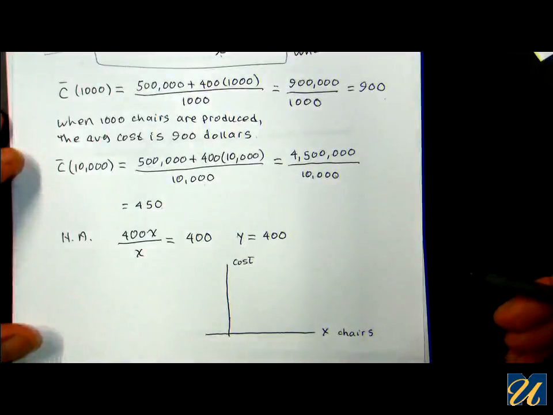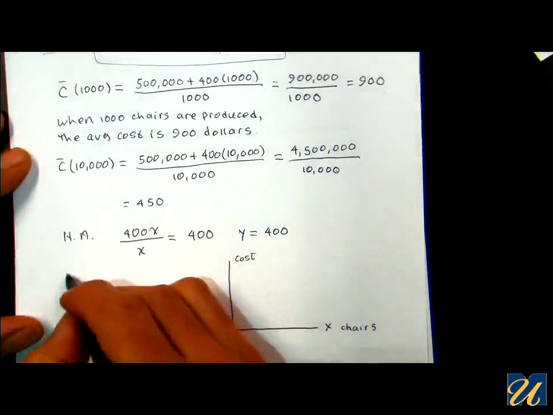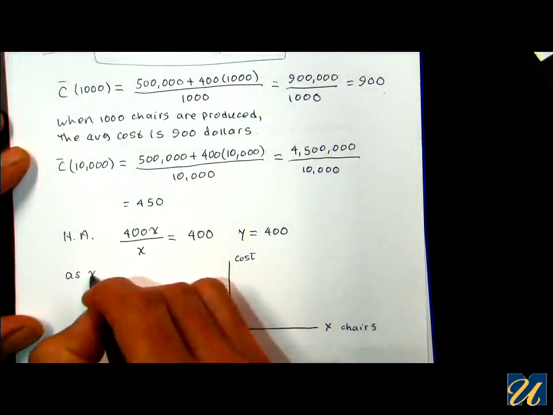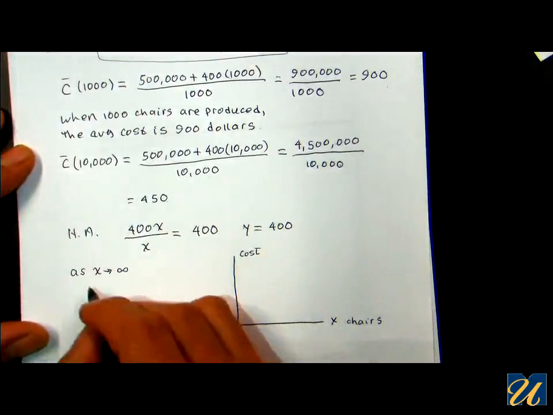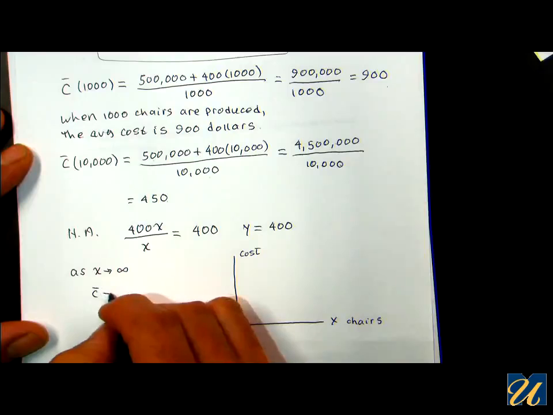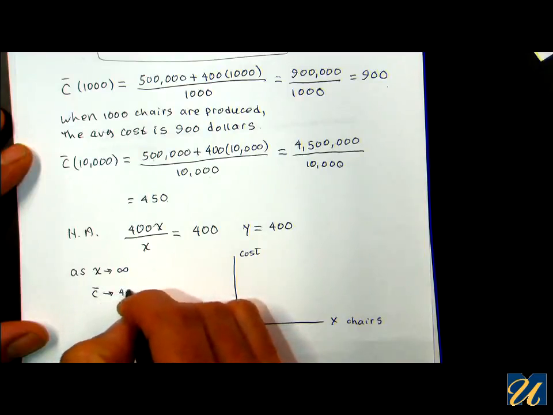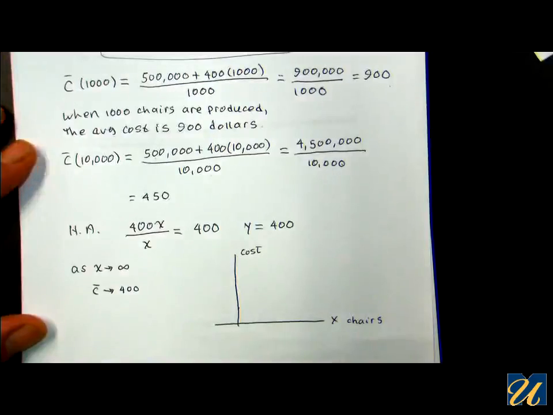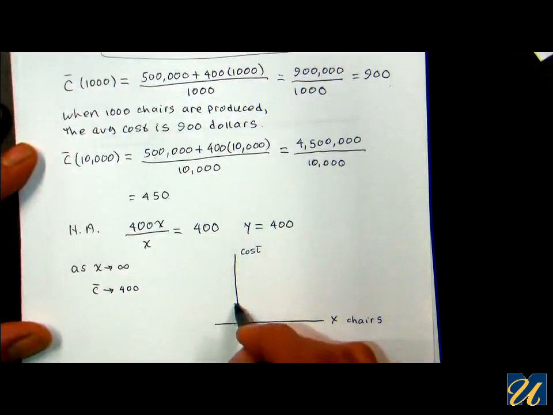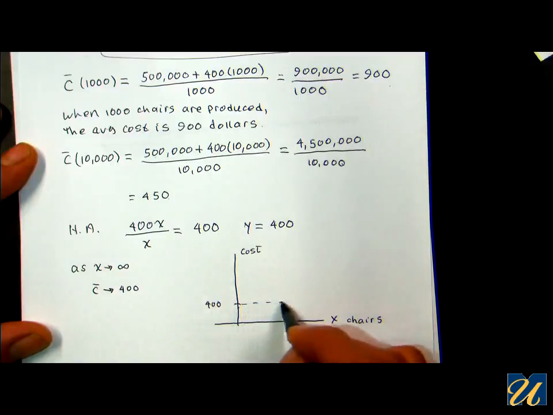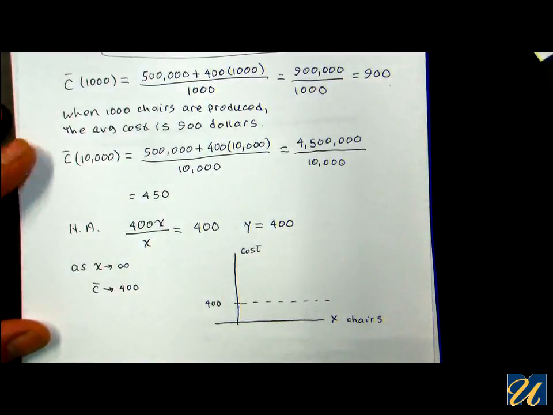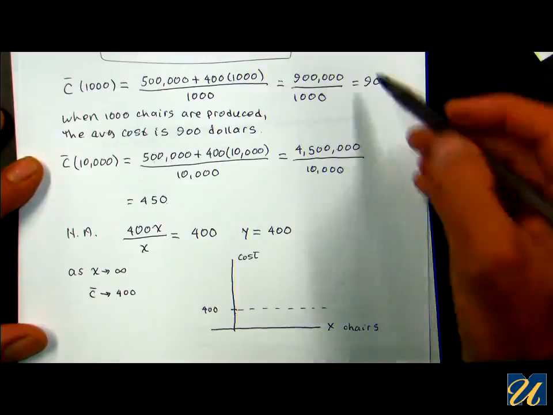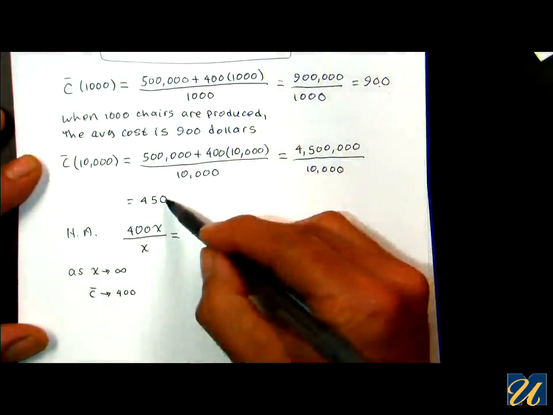This means as the number of wheelchairs produced becomes substantially large, the average cost approaches $400. That's your horizontal asymptote. And the function will be approaching that from above because the cost is dropping.